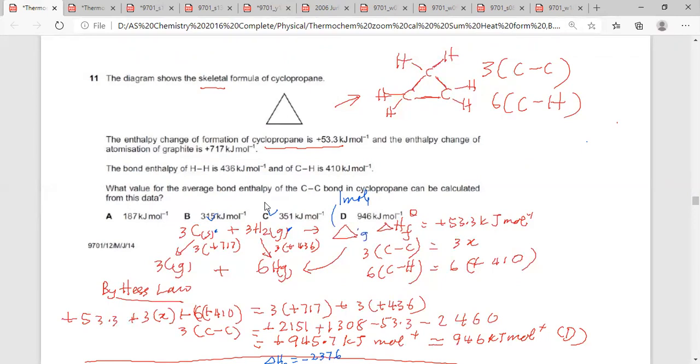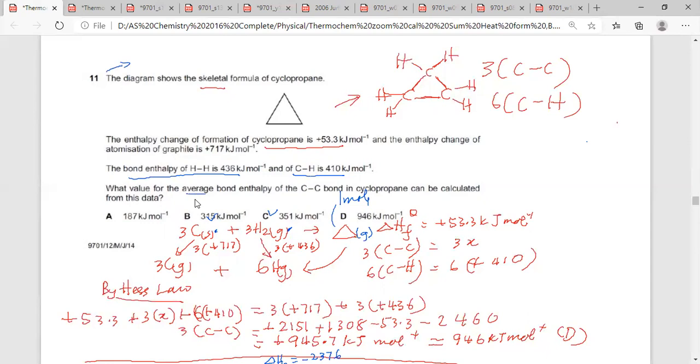So it's gas. Right. So here, what they give, one energy, you can get from the data booklet. It's also from the data booklet, but they didn't say use the data booklet, which means they give it to you. If they use the data booklet, that means you better use the data booklet. What value of the average bond energy?